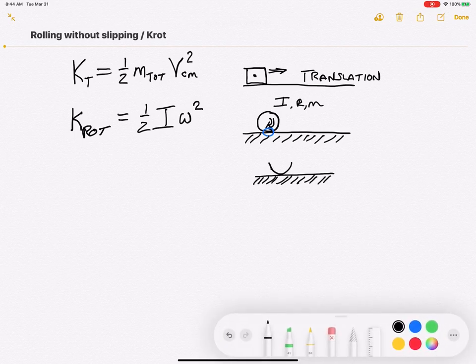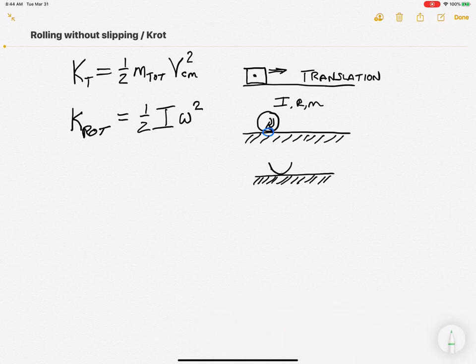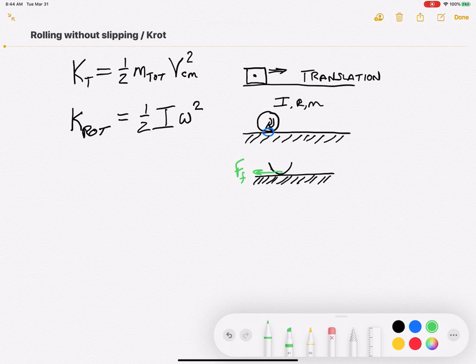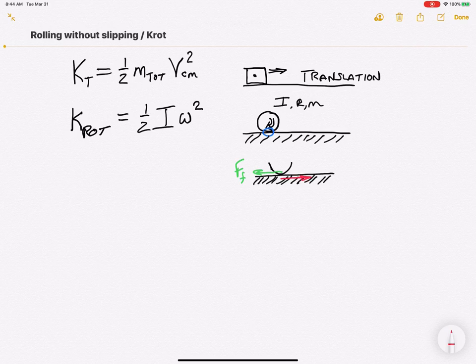The curve of the wheel has a force of friction this way, which means the floor has that force of friction going in the direction of the motion. So it's the floor pushing on the wheel which makes this possible.